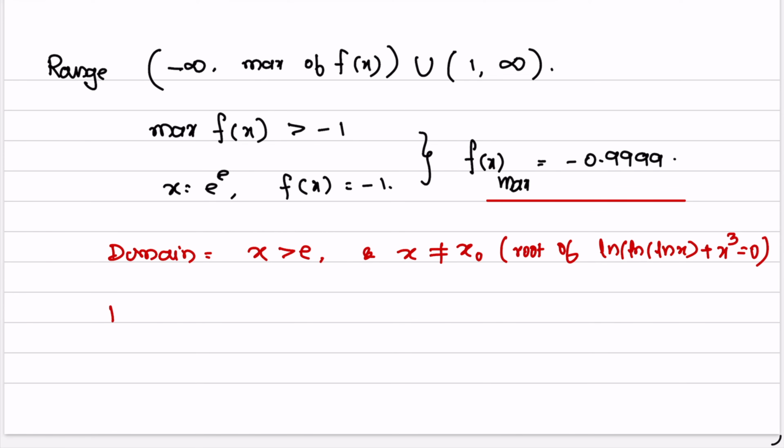This is the domain. Range is minus infinity to f max, union 1 to infinity. This is the final value.